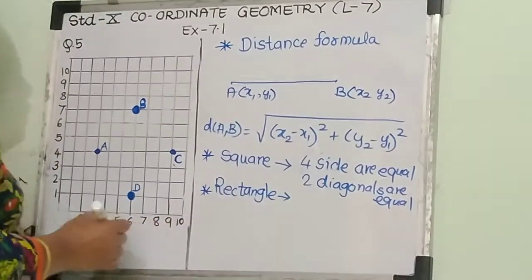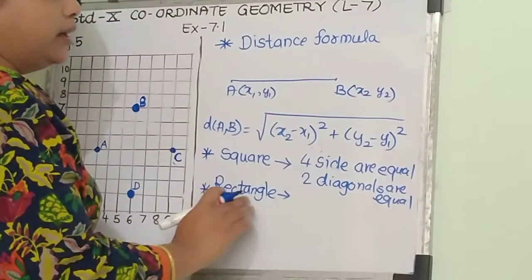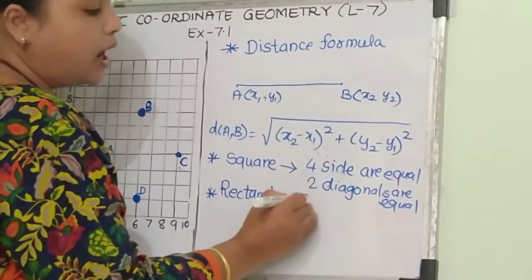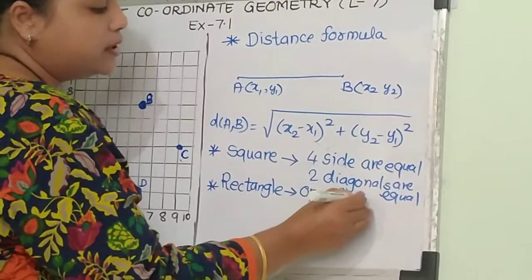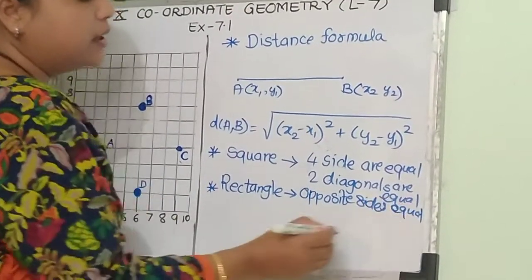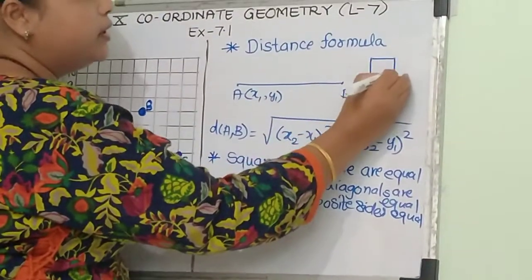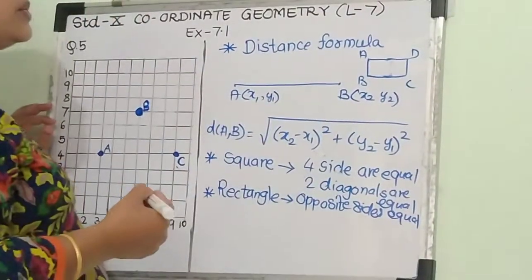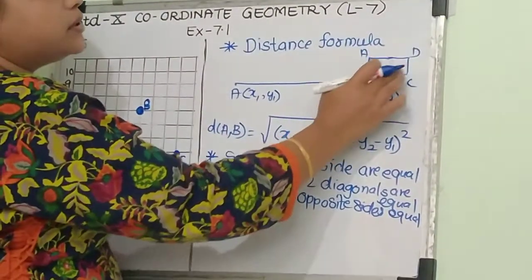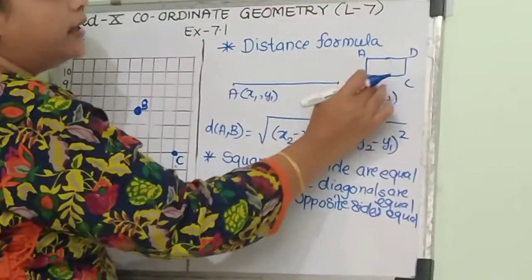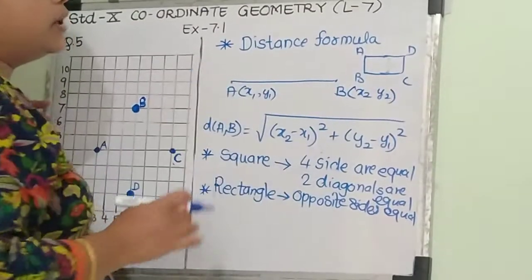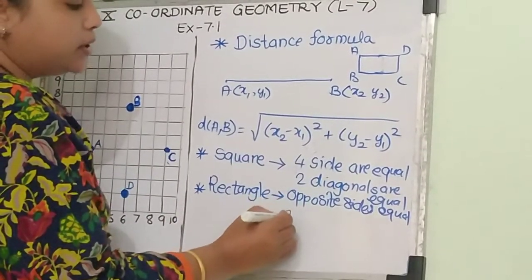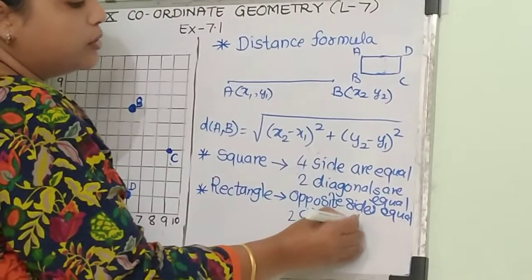For this we have to check the conditions again. Here we check that opposite sides are equal. Suppose you are given a quadrilateral or rectangle ABCD whose coordinates are given, then we get the opposite sides equal, meaning the distances AD and BC are the same, and AB and DC are the same. Then we say that it is a rectangle, but for the rectangle we have to check one more condition, that the lengths of the diagonals are also equal.